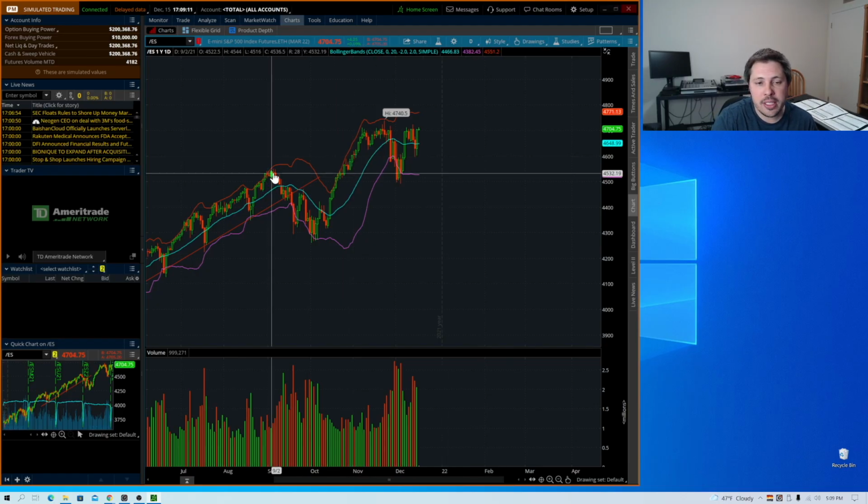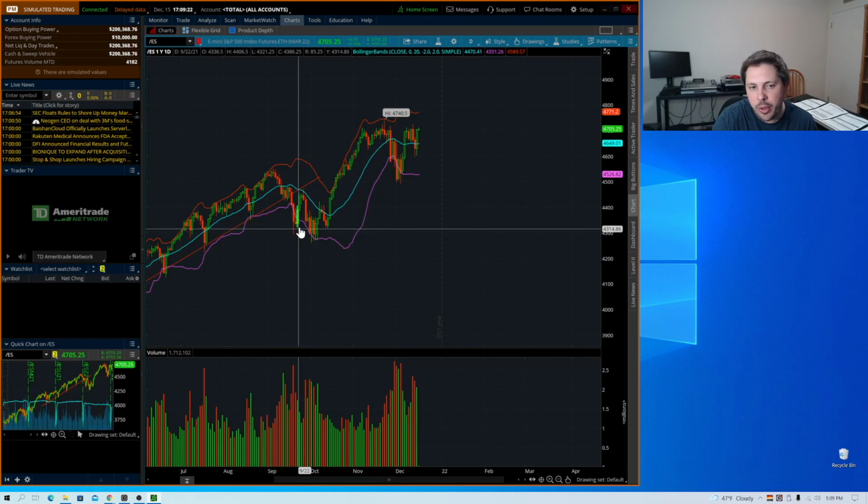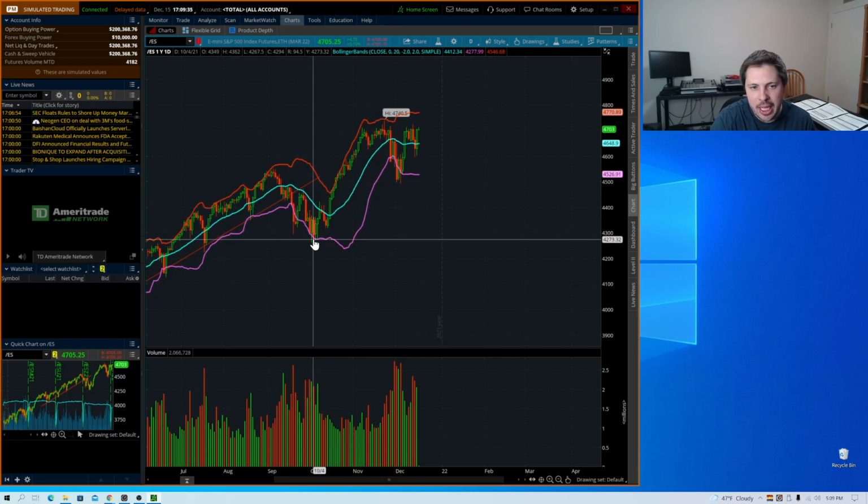Where, for instance, when we just look at this, we see, okay, the market started to sell off here, but when it starts to trade down into this lower band, into where this purple is, it'll then start to bounce back up and revert back to that mean price. And then same thing here, right? Where it comes down into this purple band and then it trades back up.